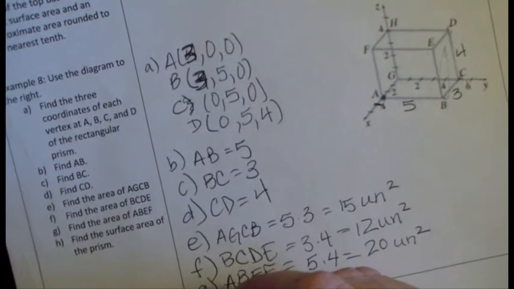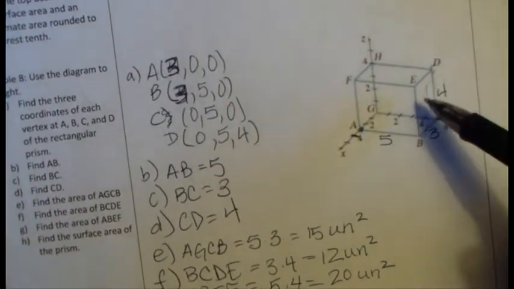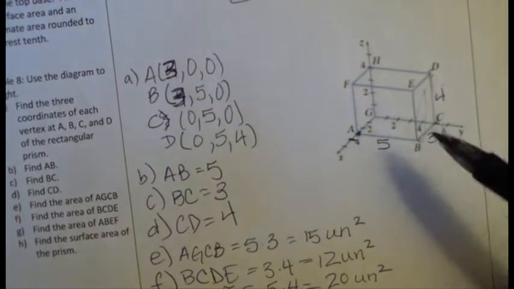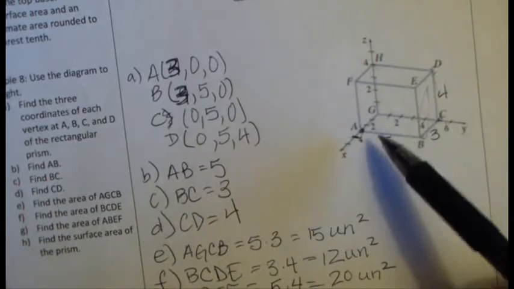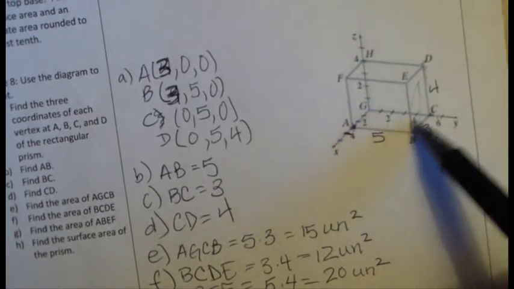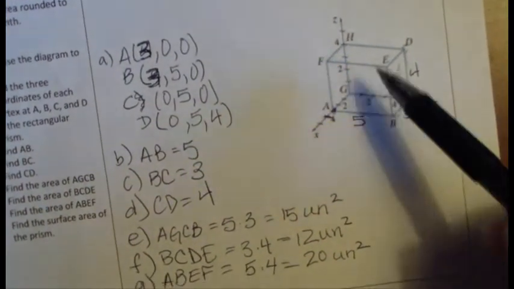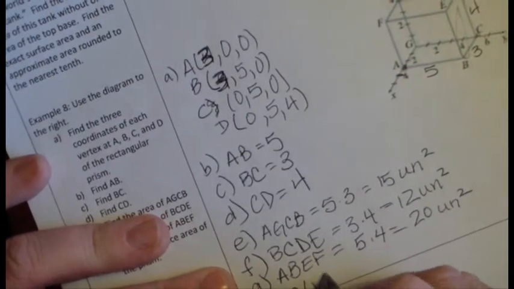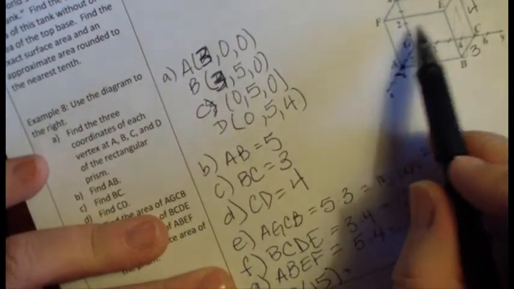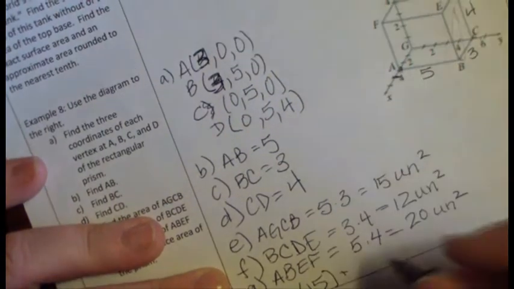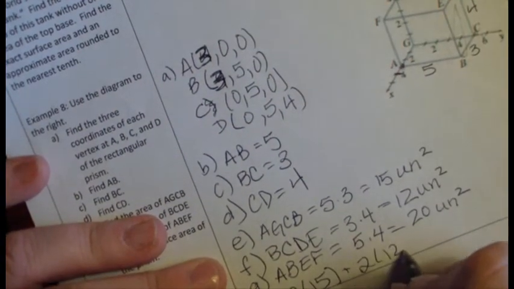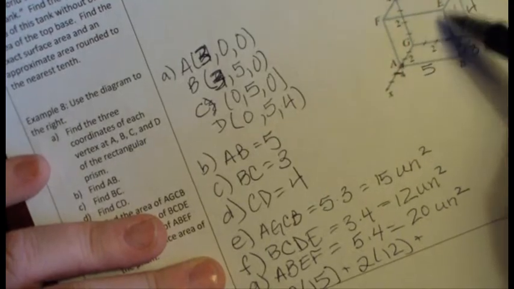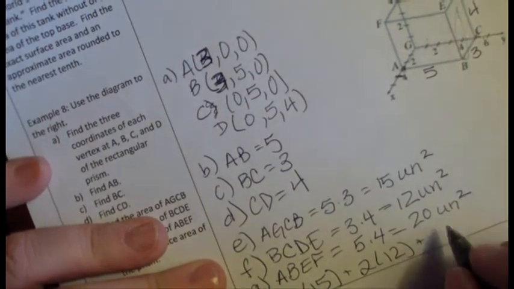So part H wants you to find the surface area of the entire thing. Well, we have for AG was down, that was this one here. We've got 2 of those because they're parallel. So we can do 2 times that. We have 2 of these sides that are congruent, so 2 of those. And then we have 2 of these faces, the front and the back, so 2 of those.